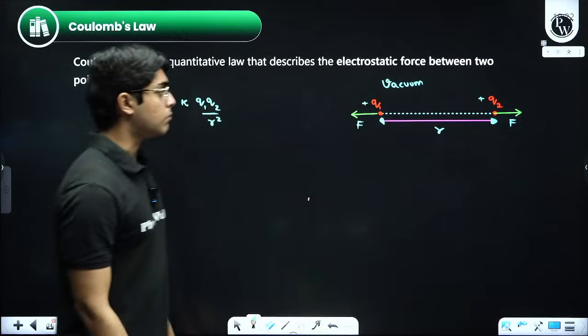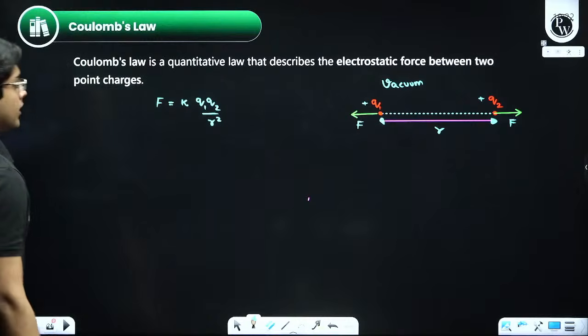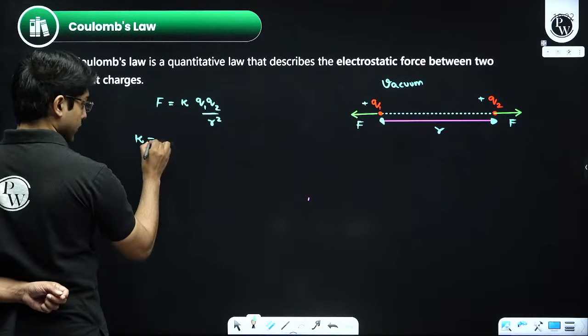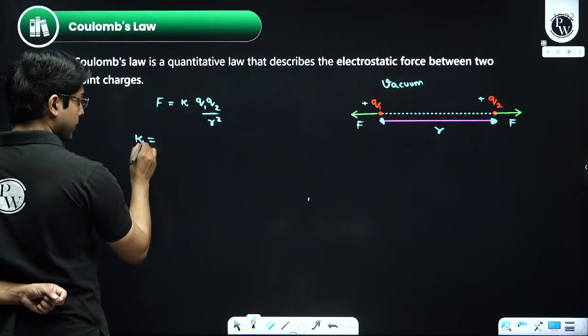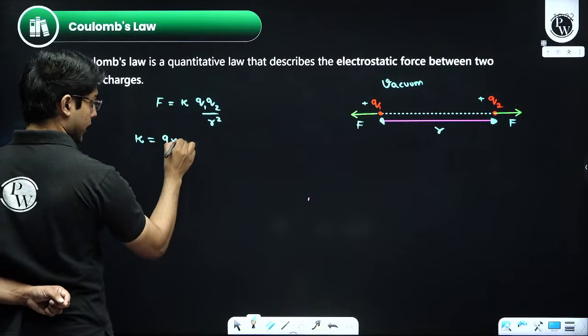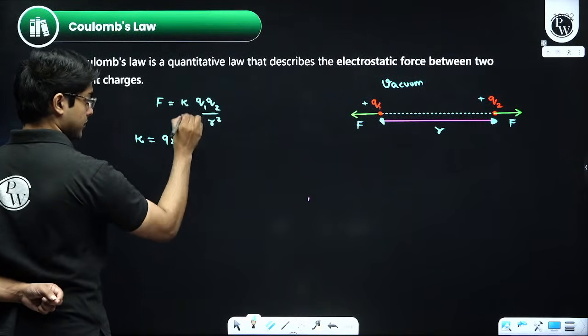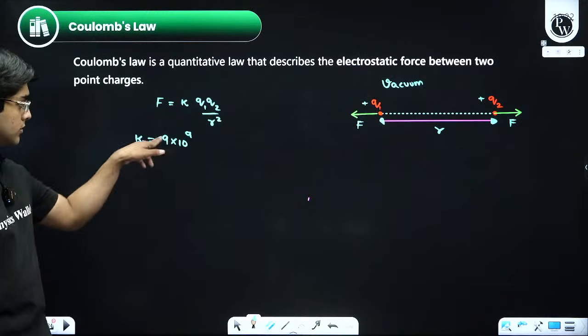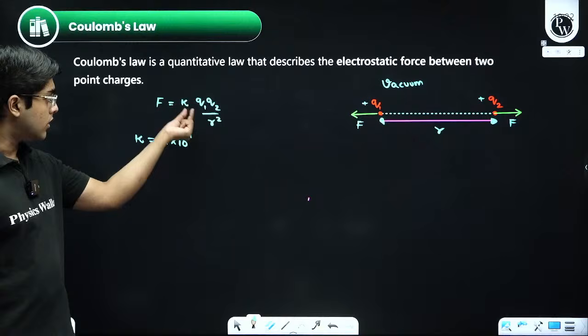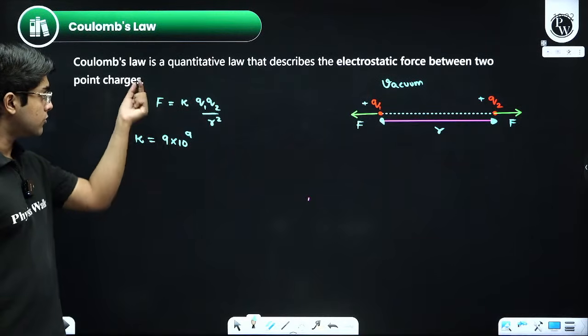It's simply vacuum. Now this constant K is actually in SI units. So this is just a constant at the end of the day. And in SI units, its value is approximately 9 into 10 raised to 9. It's easy to remember because there are two 9s here. And what will be the units? Just use the rest of the stuff.